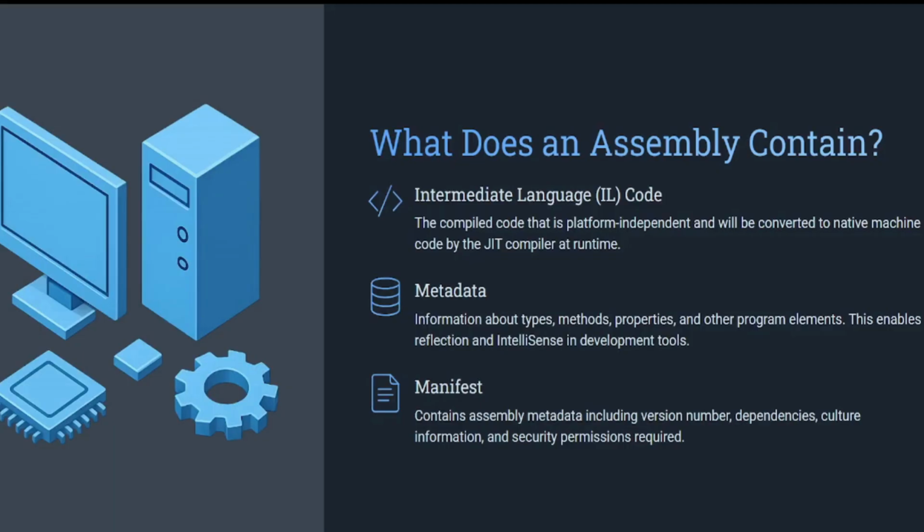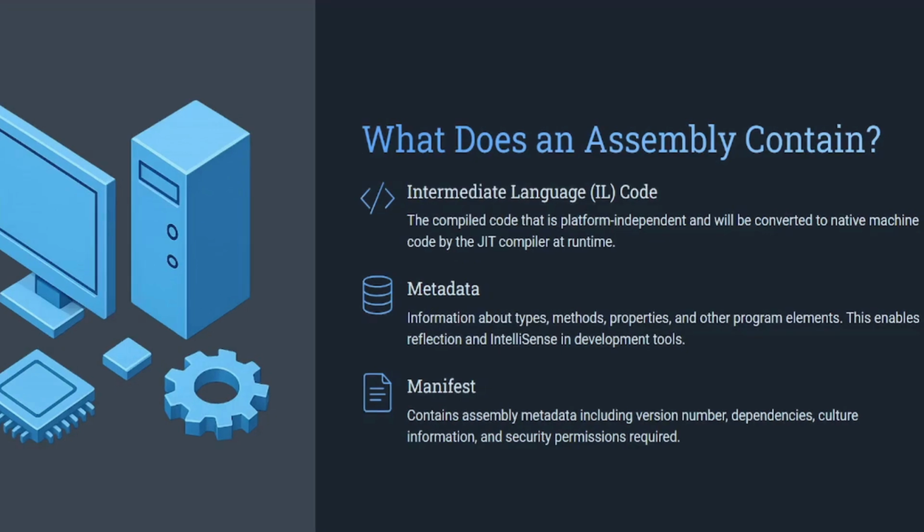This contains information about your code like classes, methods, properties. Because of this, .NET understands how your code is structured, and this is what enables features like IntelliSense and reflection. And finally, we have the manifest. This contains details about the assembly itself, such as version information, dependencies, security related details. So basically, it describes everything about the assembly. Overall, it contains IL code, metadata, and manifest.